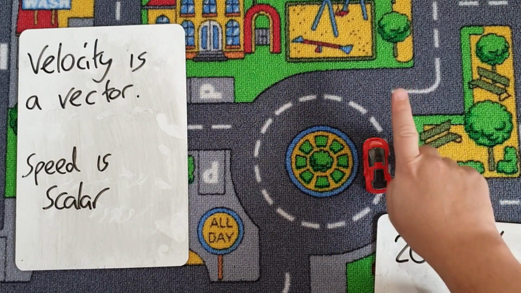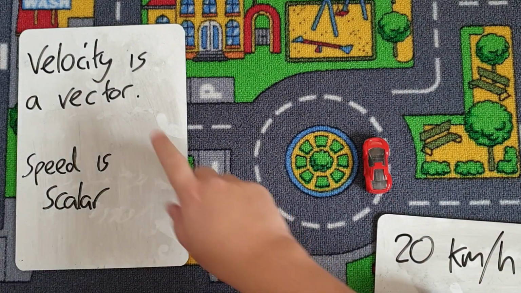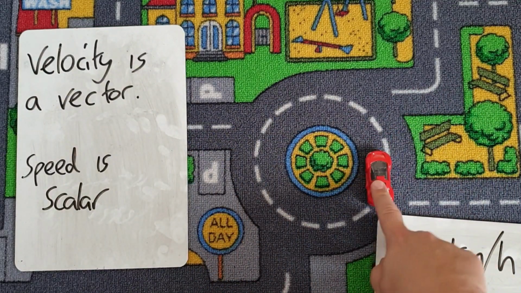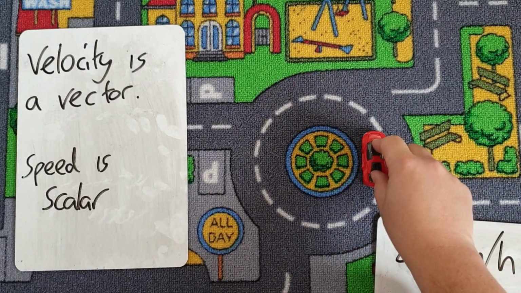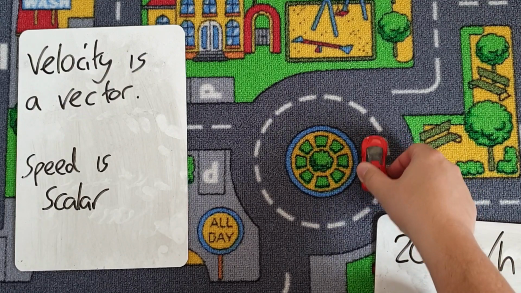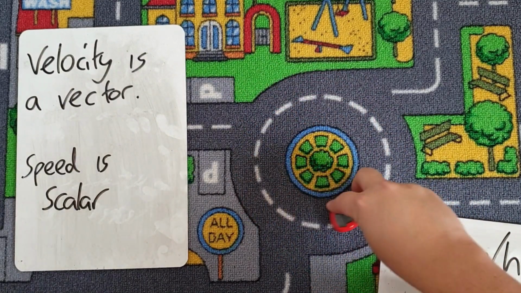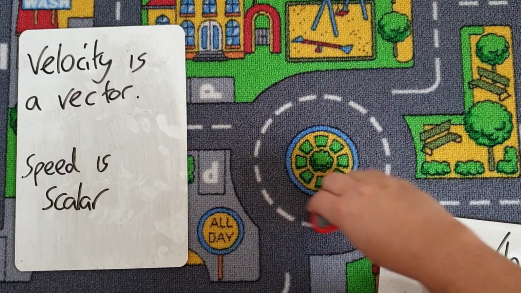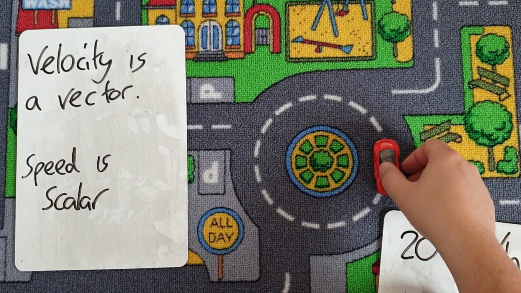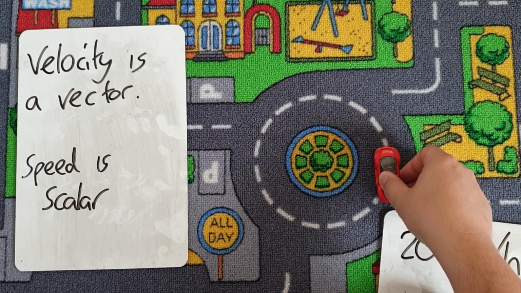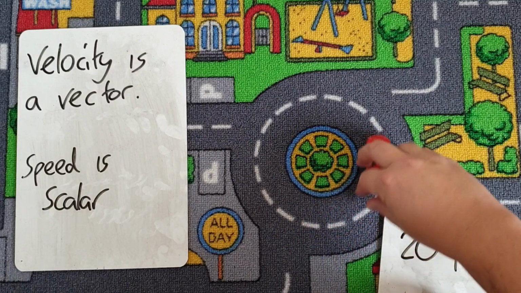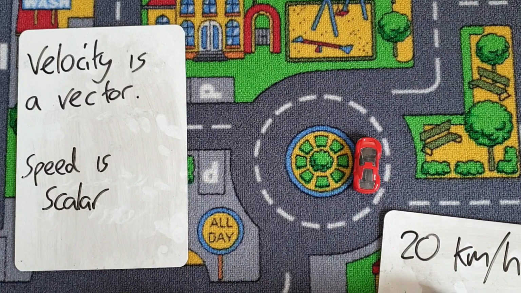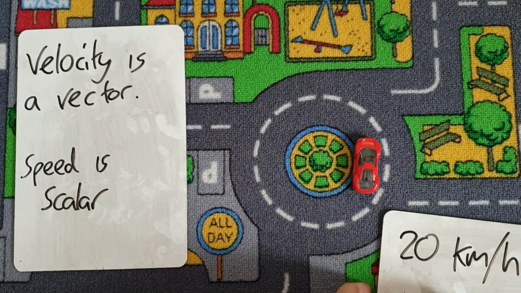When it's going upwards, the speed is 20 kilometres an hour. Because velocity is a vector and does have a direction, when it's moving upwards towards the top of the screen, that is the opposite direction to that. So when a car is going round a roundabout, even if the speed is staying at 20 kilometres an hour, the velocity is constantly changing because velocity is a vector, which means it has a direction. As long as the car is constantly changing which direction it's going in, the velocity is constantly changing. Okay, so that's a quick recap.